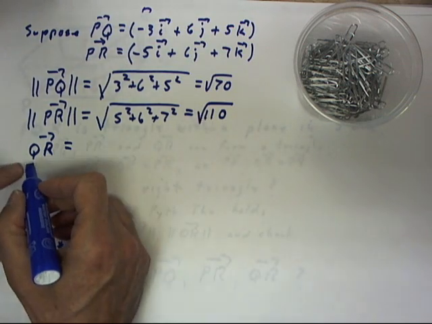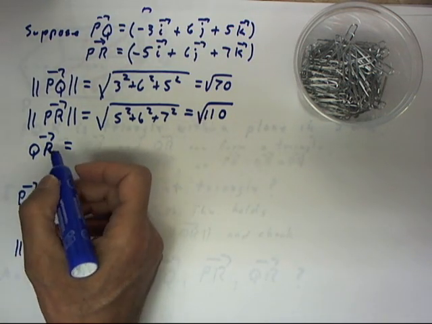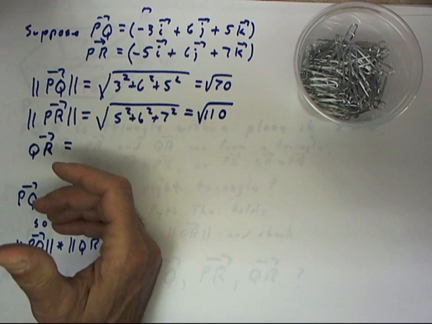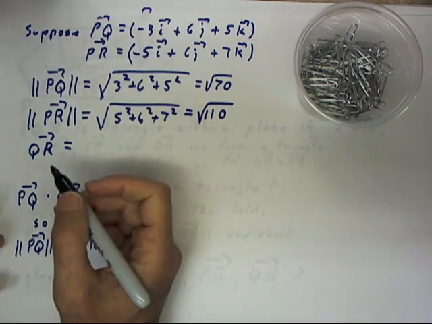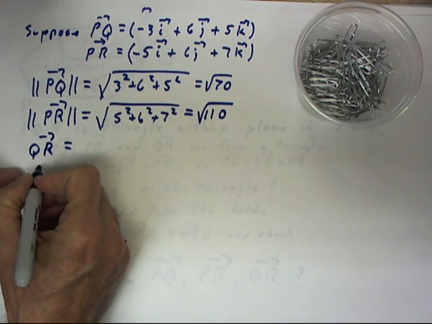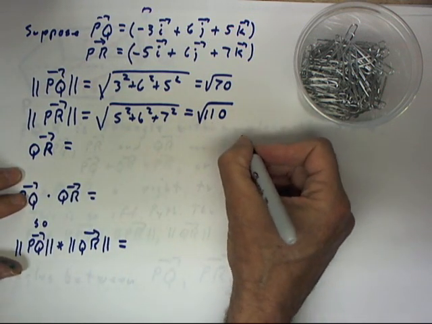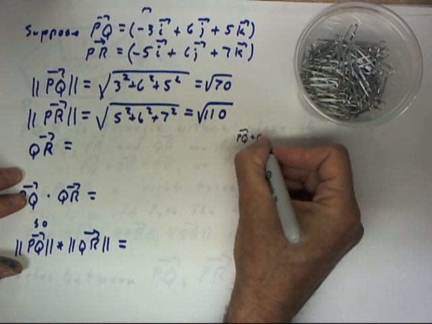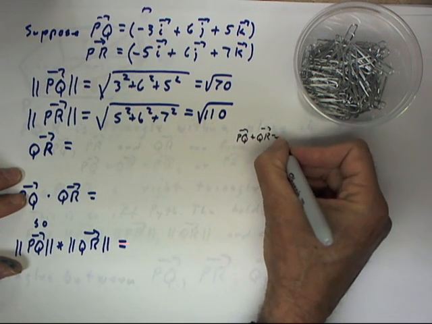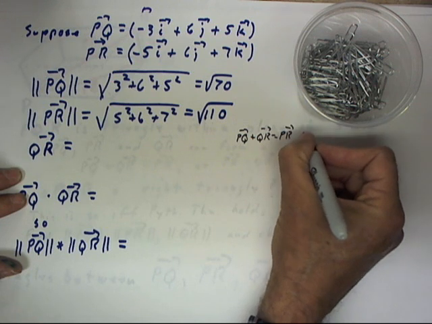Now, what's the vector QR? Well, to find the vector QR, we can consider the fact that, and write this off to the side, that PQ plus QR equals PR.